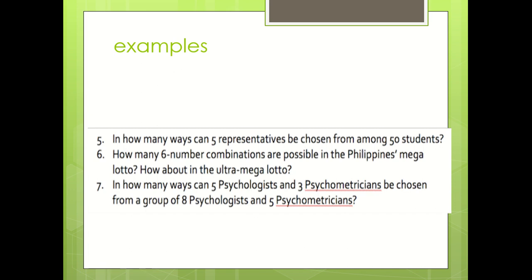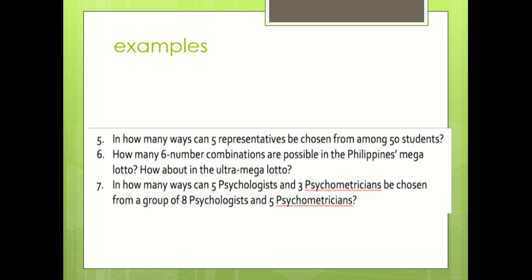In number 6, this is a popular example where we can use combination, in terms of lotto. So lotto is an example of problems concerning combinations. Here we have the mega lotto and the ultra mega lotto. Only those who are fond of betting in a lotto can understand what a mega lotto is and what an ultra mega lotto is.